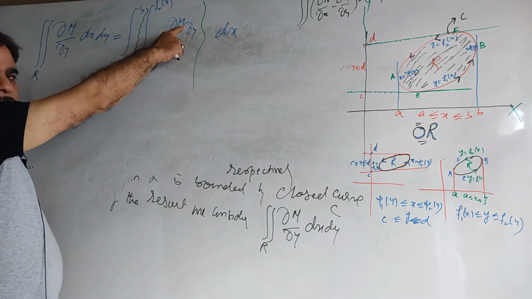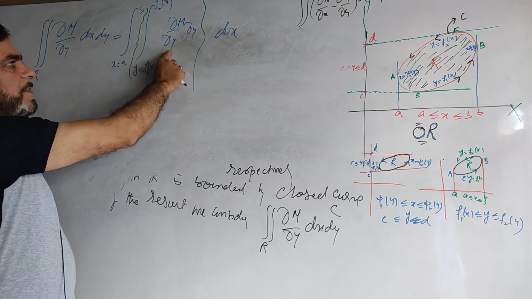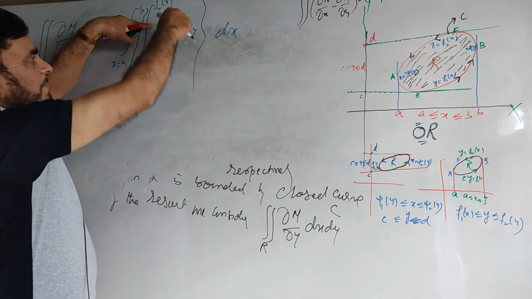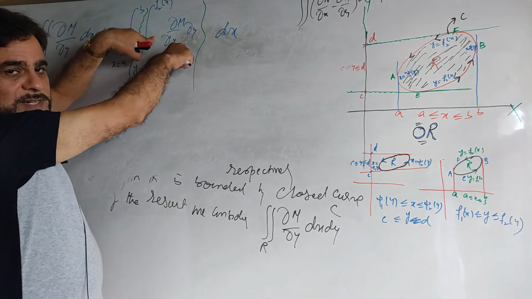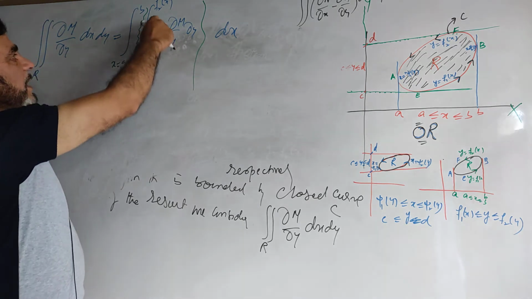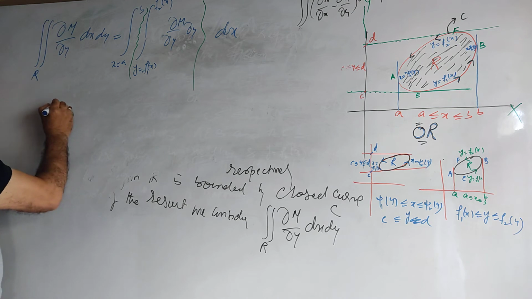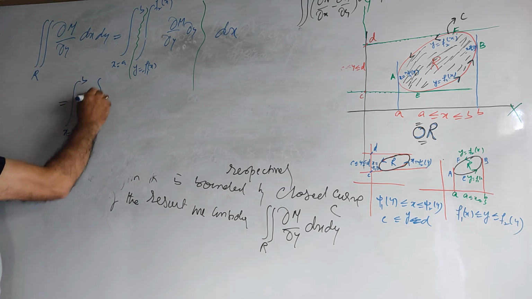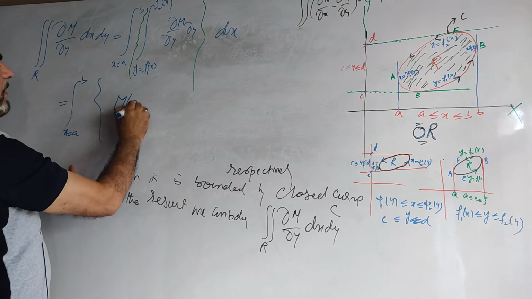Because M is a function of x and y, its partial derivative is with respect to y. You are integrating this part with respect to y, when it is itself the partial derivative of M with respect to y. So integral and differential, these are what? Reciprocals of each other. This is the integral with respect to y, it is the differential with respect to y. What will you get? The integral from a to b, it will be here now simply M, it is a function of x, y.